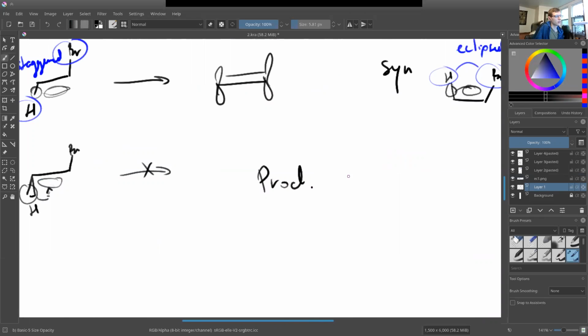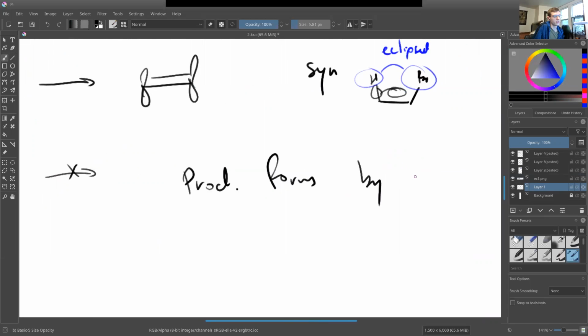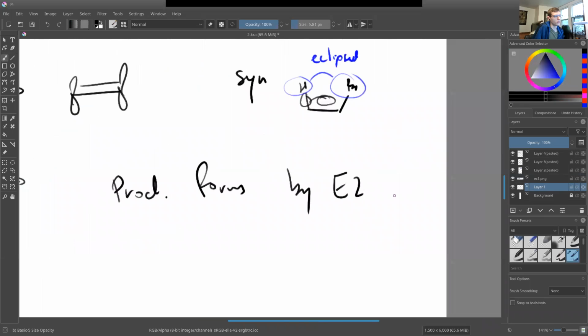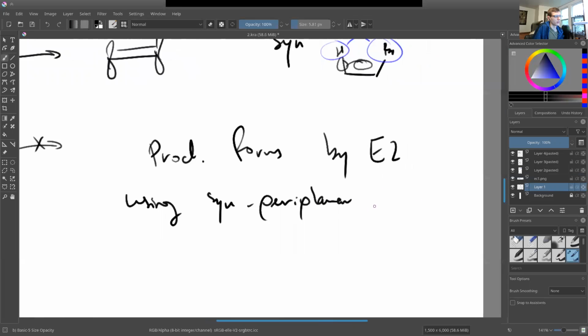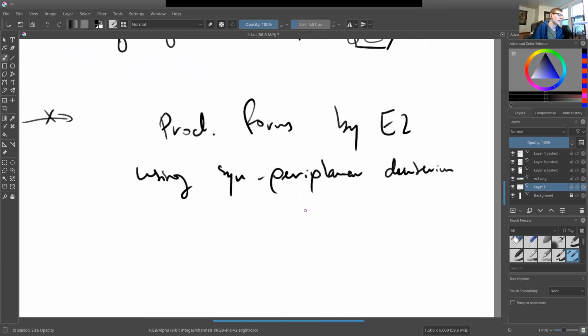So the product forms by E2 using syn periplanar, the syn periplanar deuterium. I don't know, which is uncommon.